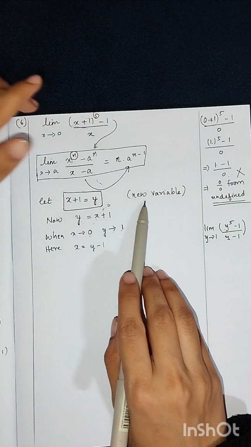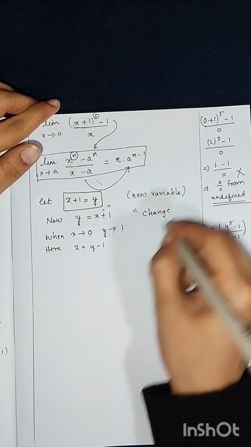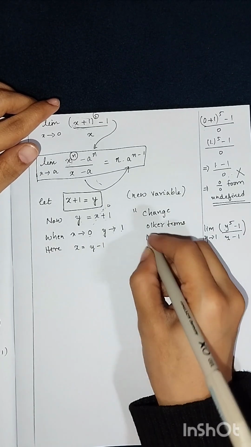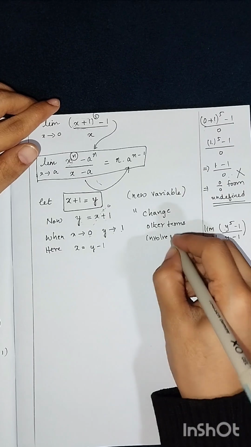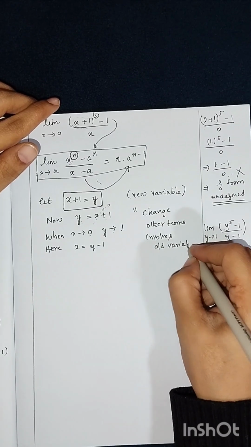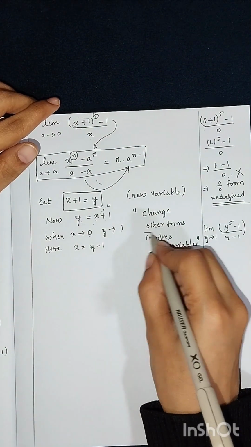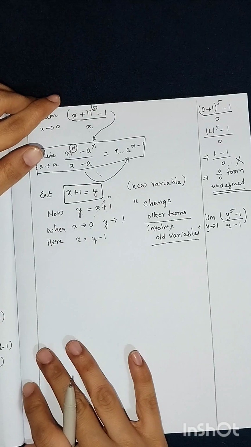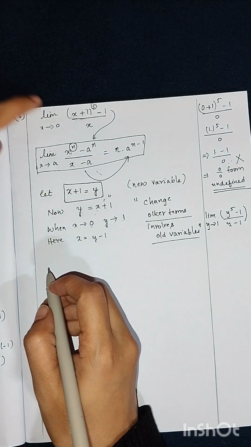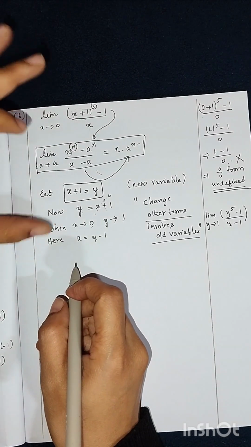So when we introduce a new variable, we have to change other terms which involve the old variable. Since we introduced y here, wherever there is x, we have to change it with y.